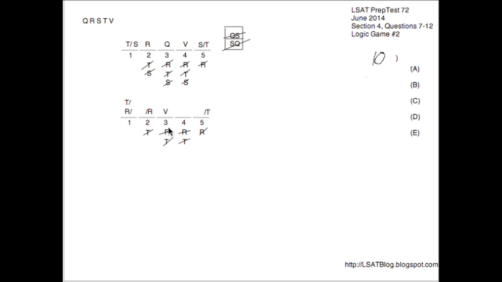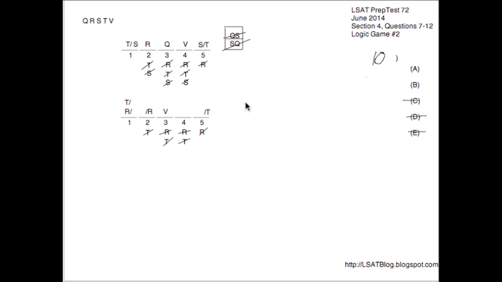So obviously we know that V can only go on either 3 or 4. So right away, we can get rid of C, D, and E since our two main diagrams are all the possibilities for the game. The real question is whether we could have Q on 1 or Q on 5, and we've never seen either of those happen.